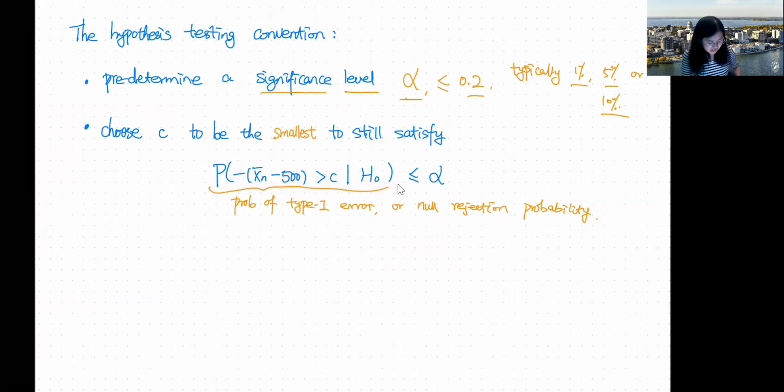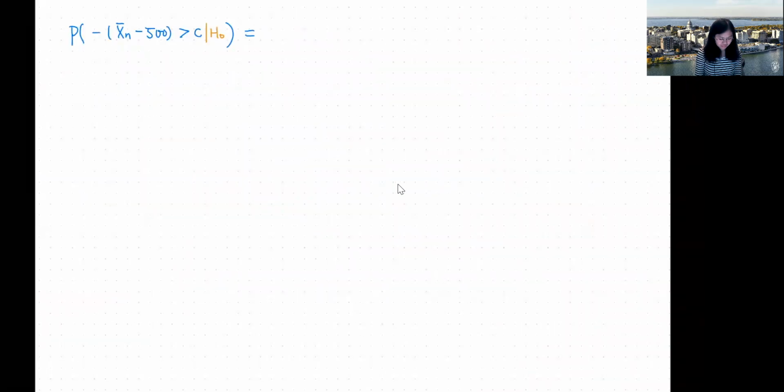And let's see this happen in the example that we are considering. Now consider our example of the battery runtime. In the battery runtime example, we want to make sure that this probability is less than or equal to alpha. We want to choose the C to be the smallest so that this probability is less than or equal to alpha.